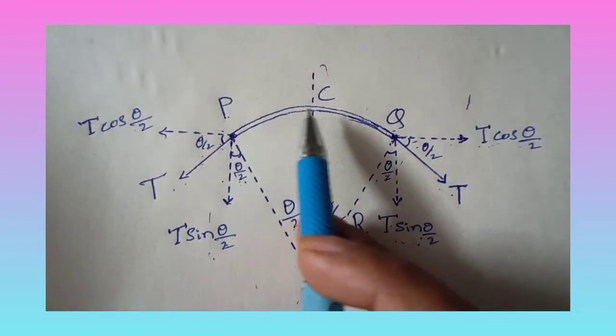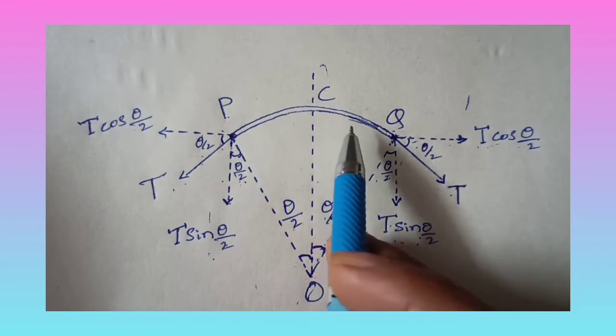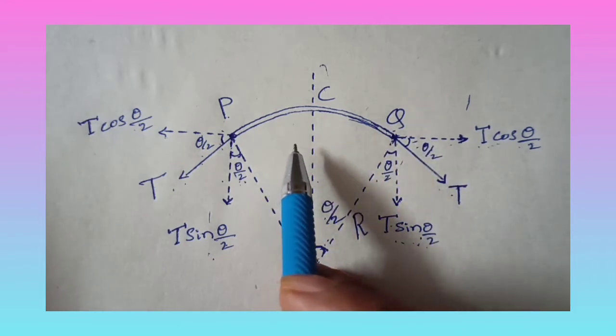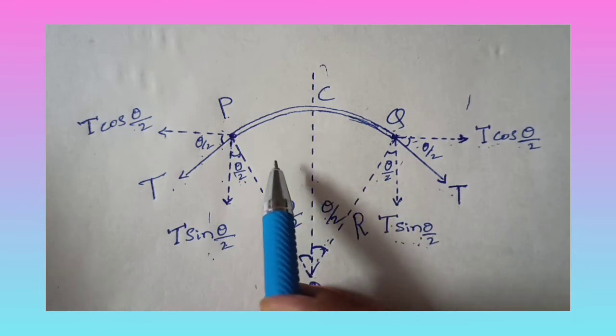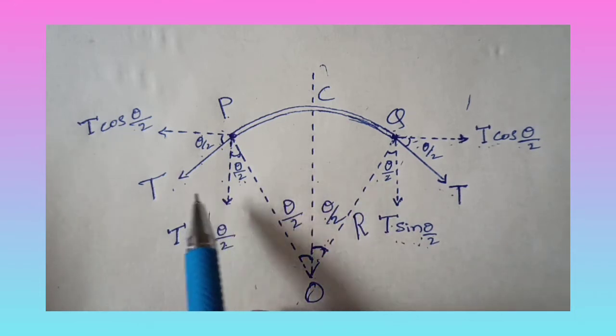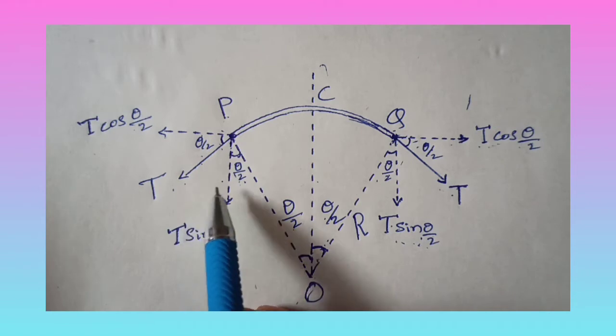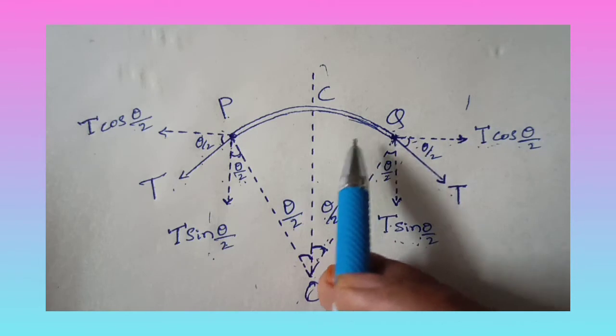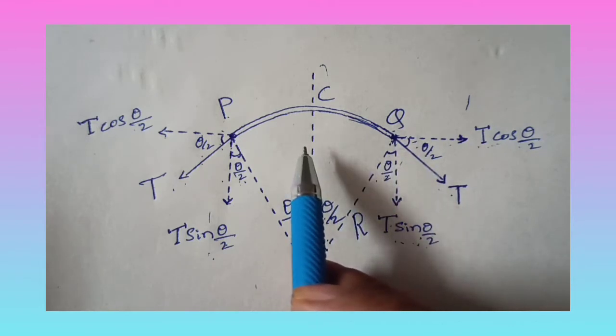If the length of this string element is delta x and if m is the mass of the string per unit length, then the mass contained in this small portion will be m delta x.